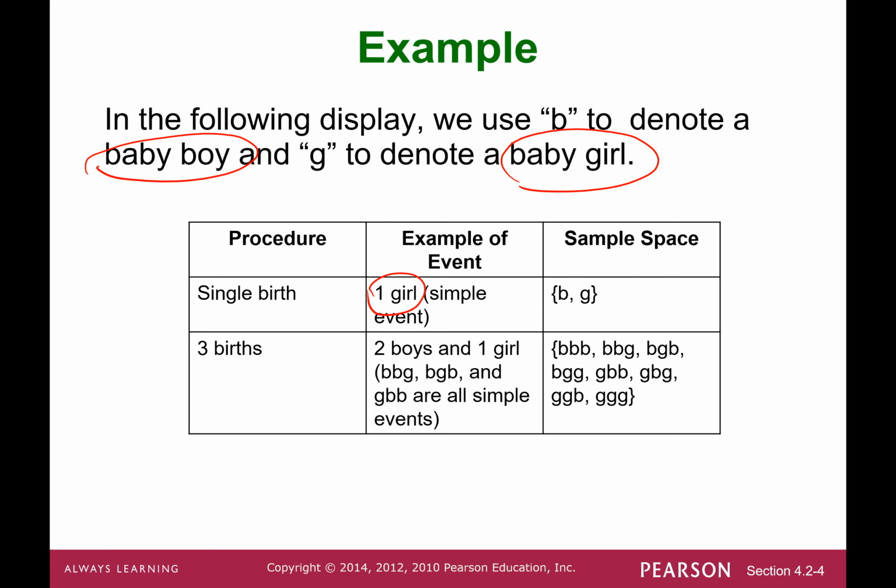The sample space is either a boy or a girl. If you have 3 births and you want 2 boys and 1 girl, it could be boy, boy, girl; boy, girl, boy; or girl, boy, boy. They're all simple events. And the sample space will have 8 possible outcomes.